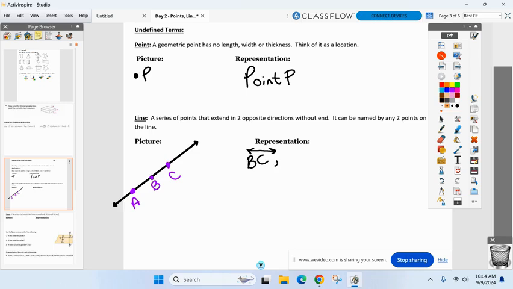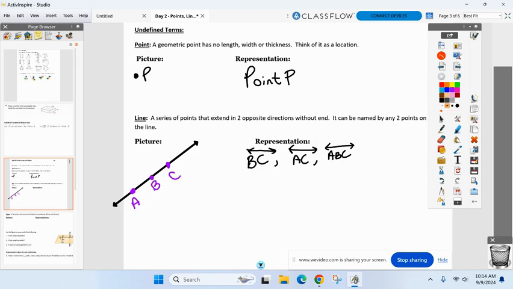Other ways? Give me another way I can name it. Line AC. Do you have to use 2? No, you can use all 3. We could also name this line ABC. As long you got to have minimum 2.